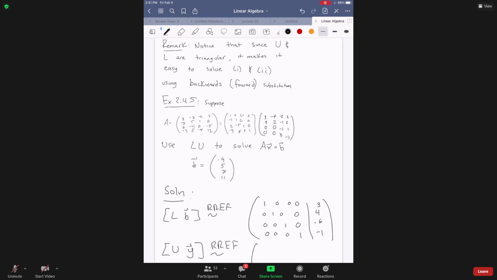And then this one will give you 1, 0, 0, 0, 3. Man, I think I copied it wrong, but whatever. Let's just pretend it gave me, I don't know, something. I think I copied it wrong, but these two are supposed to be this.